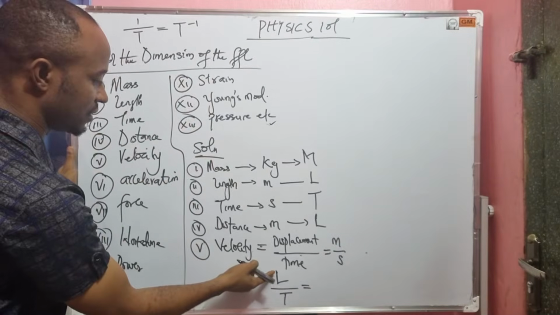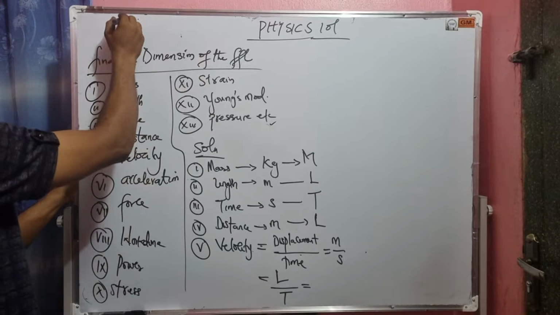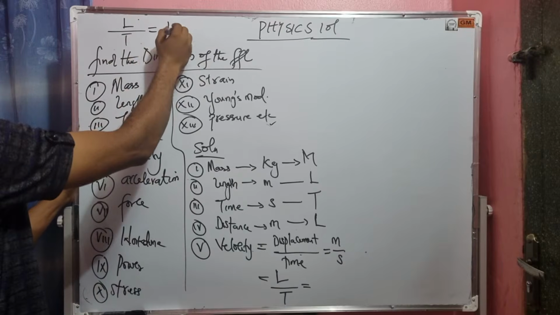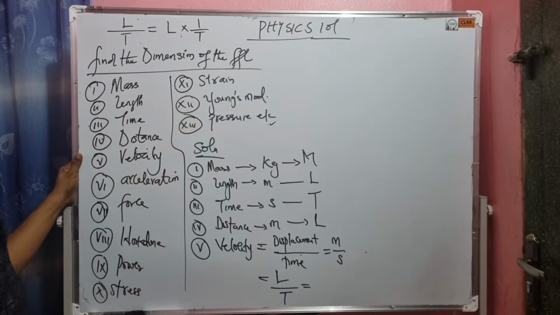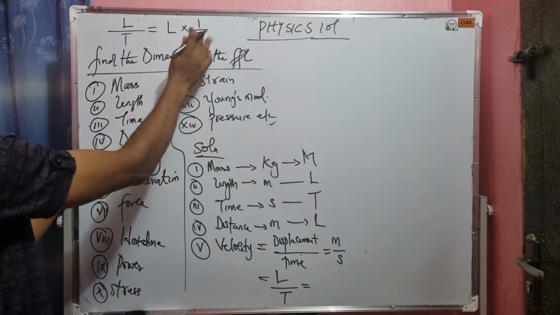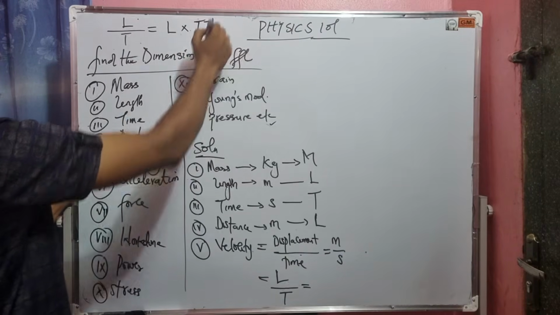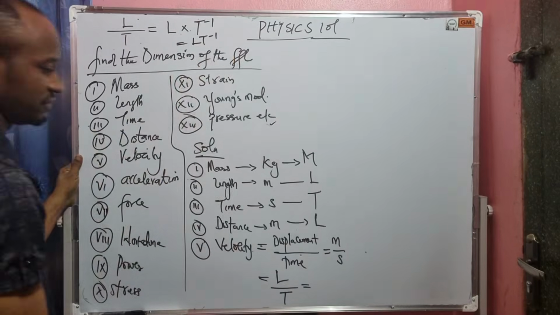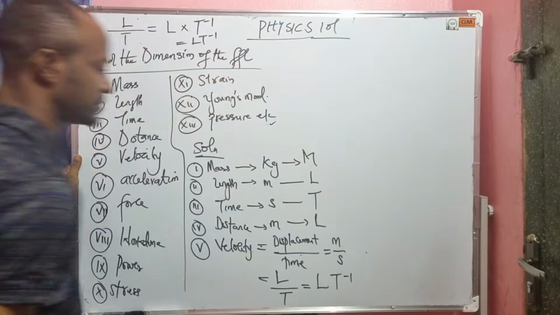So if we have L divided by T, this is the same as L times 1 over T. Restructuring, 1 over T is the same as T to the power of -1, so the final answer here is simply LT^-1.